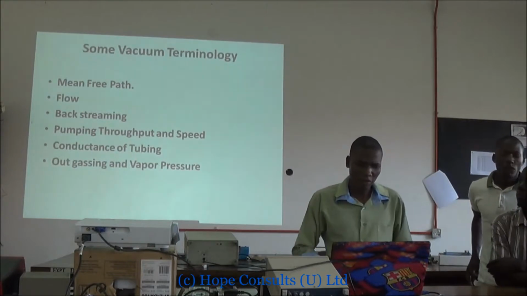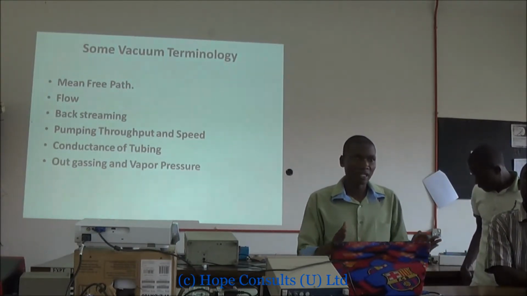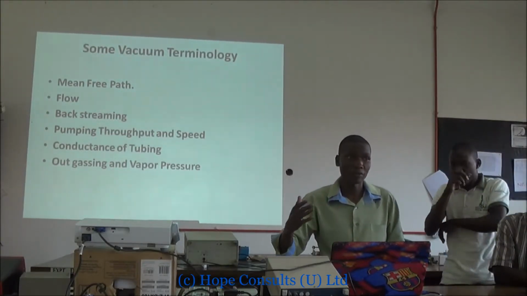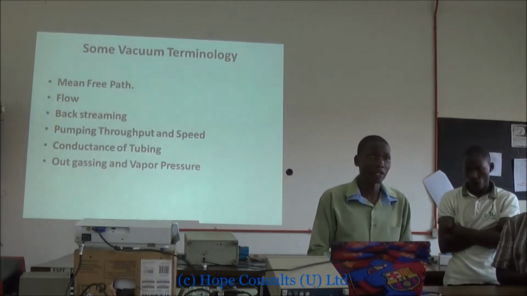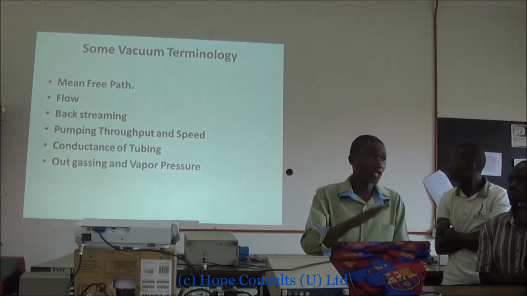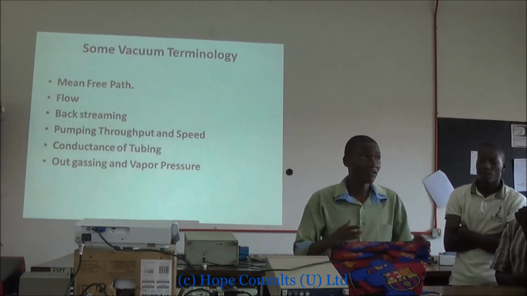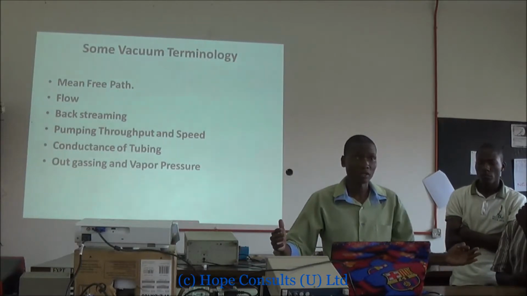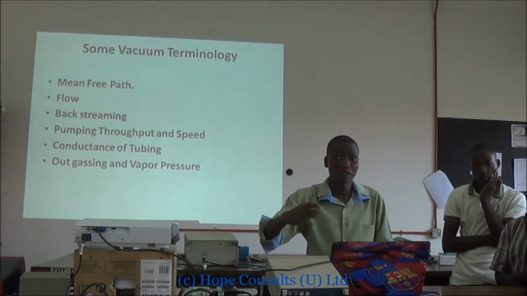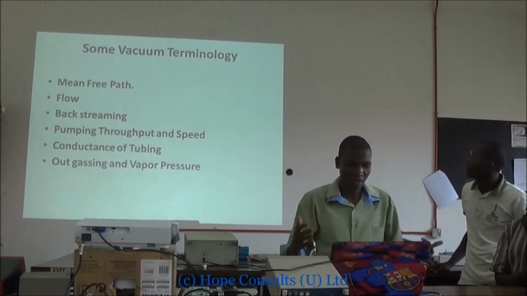If we talk about pressure, we're talking about mean free path, because if the number of collisions is very many, then pressure will be high, because pressure is the force per unit area. So if you're going to reduce pressure, as you have to in a vacuum, then we are making the mean free path longer, so that before a molecule collides with another, it has traveled some appreciable distance. So there will be low pressure and a tendency toward vacuum.